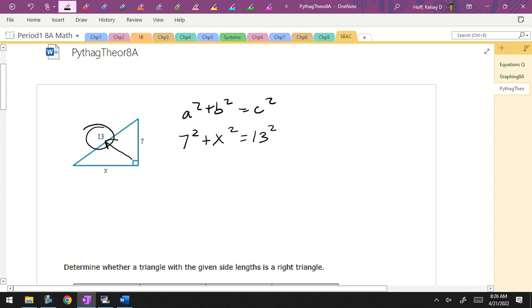Okay. What am I going to put in my calculator here? Jack? 49 plus x squared equals 169.